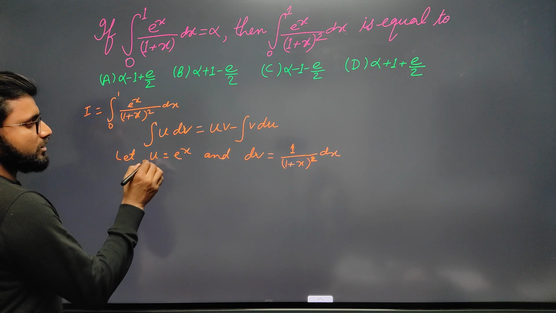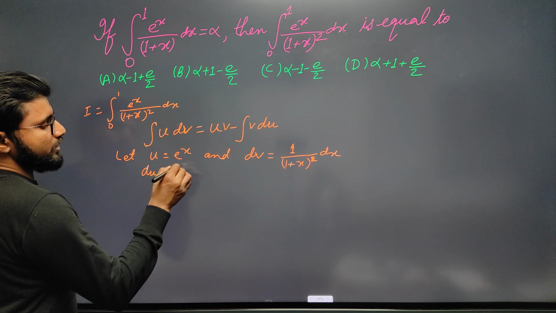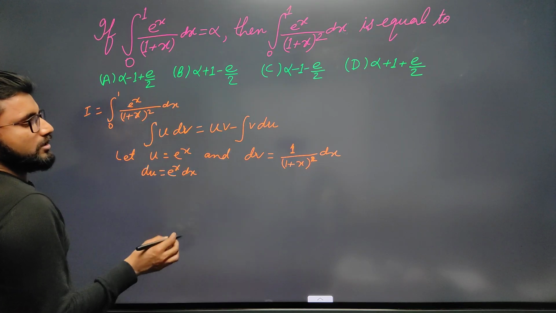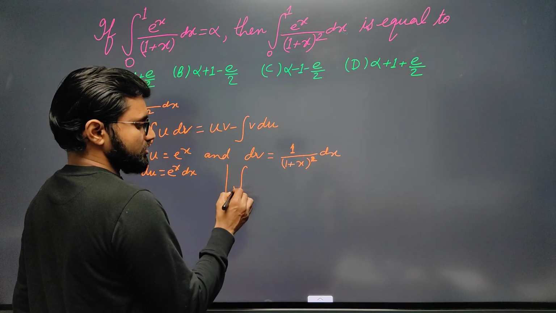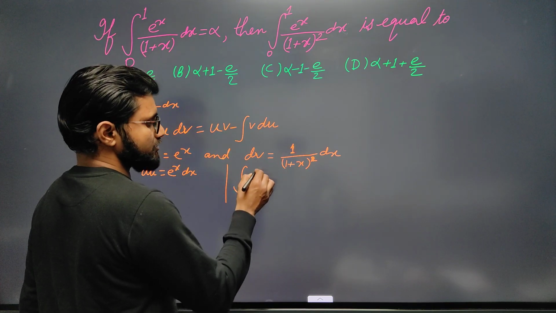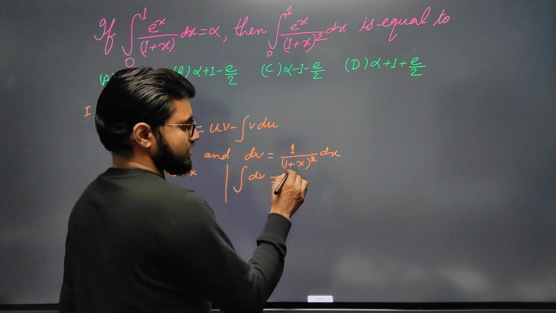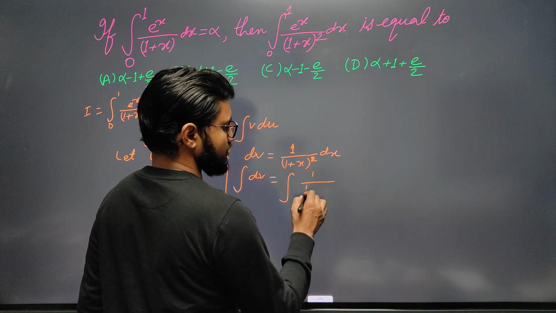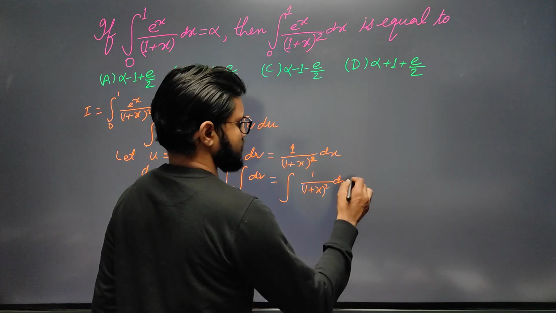Now differentiate it, then it becomes du equals e to the power x dx, and if we integrate, integrating both sides, it becomes dv equals the integration of 1 upon (1 plus x) whole square dx.